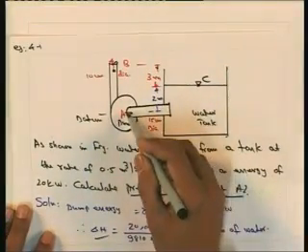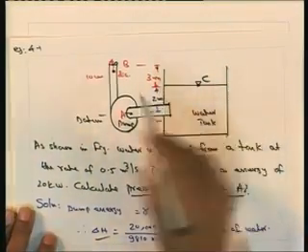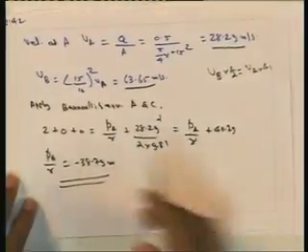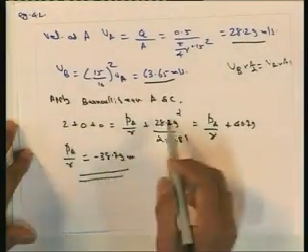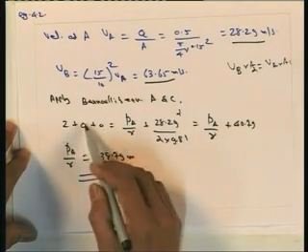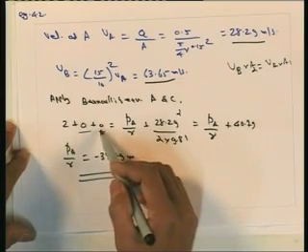Between location A and location C the level difference is 2 meter. So Z with respect to the datum is 2, plus 0 for pressure, plus 0 for velocity.